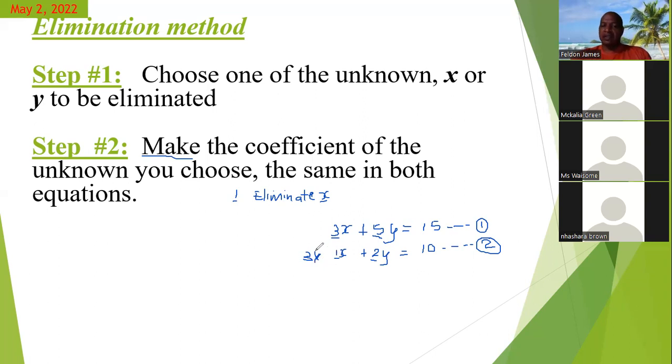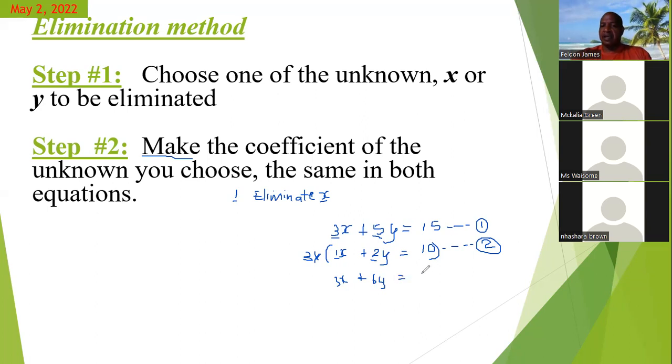And so in order to maintain balance in an equation, you have to multiply everything in the equation by 3. Right? So now when we multiply out everything in the second equation by 3, we're going to get 3x for this one. What do we get for the second one? 6y. 6y. What do we get for the right side? Equal to 30.